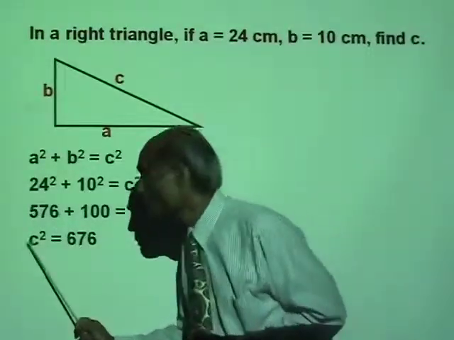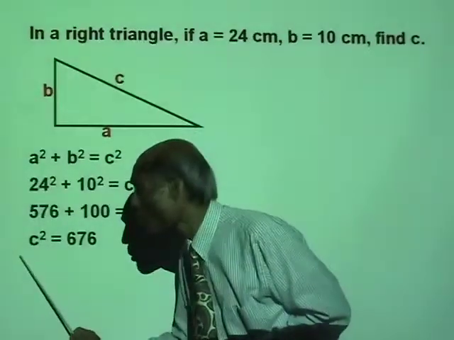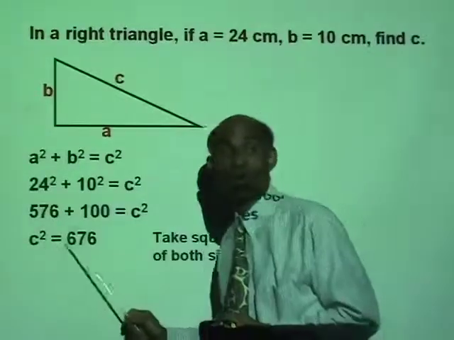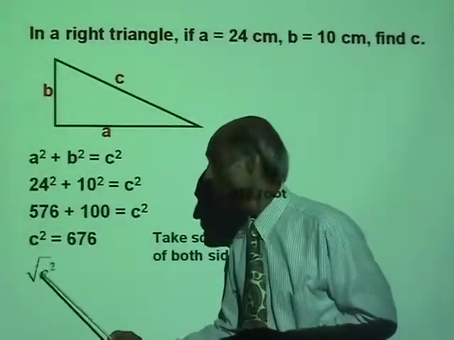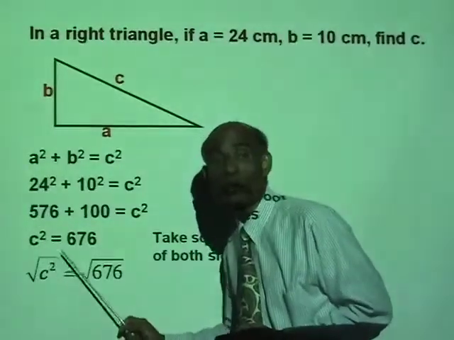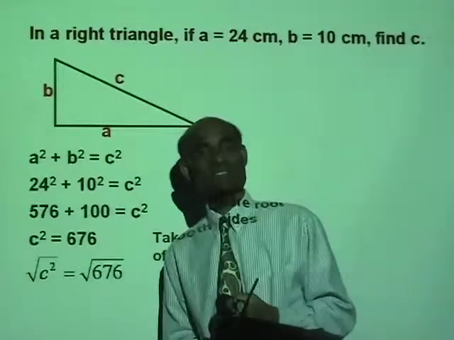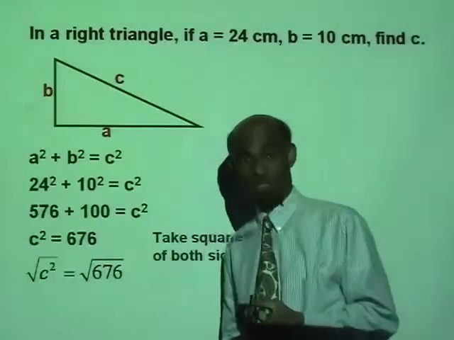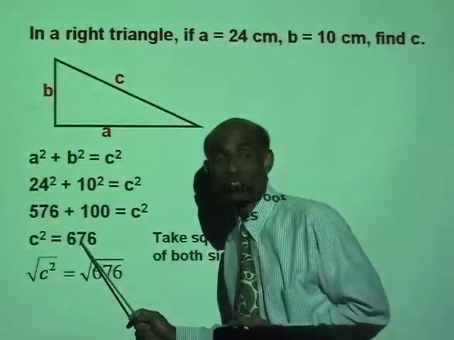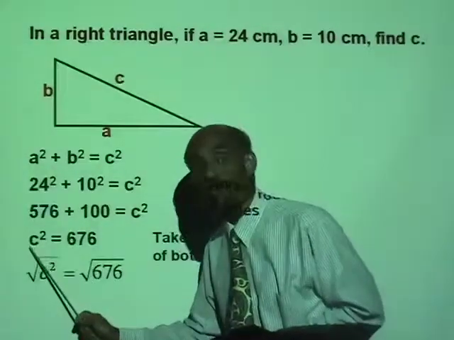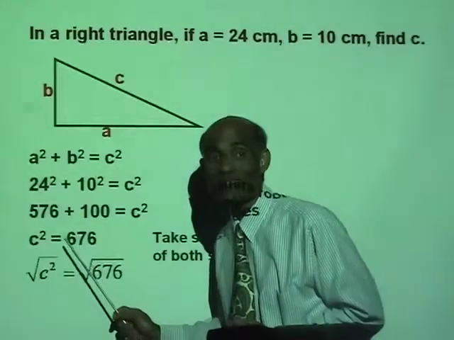You see, from C squared you can get C if you take the square root. So we take the square root of both sides. That means square root of C squared equals square root of 676. You understand that? We take the square root of the left side and the square root of the right side.